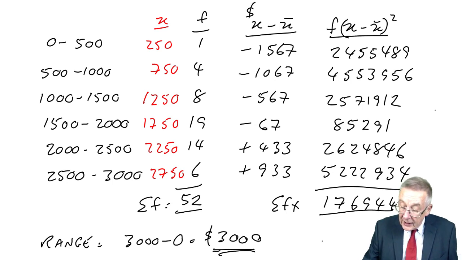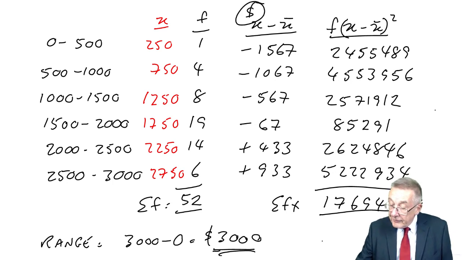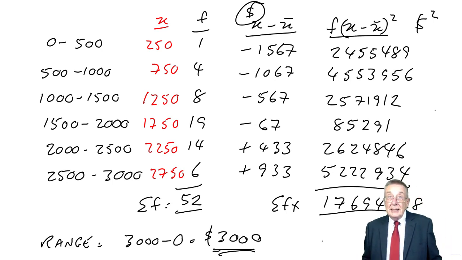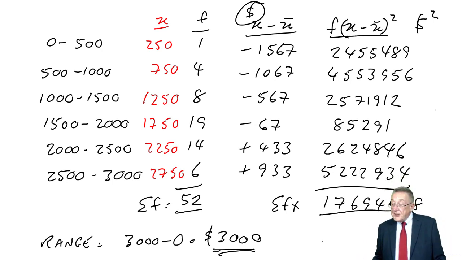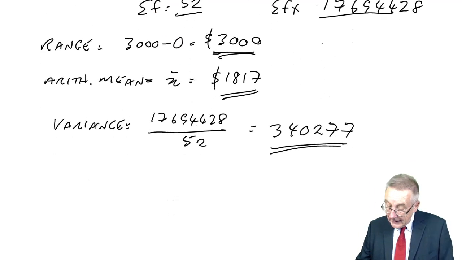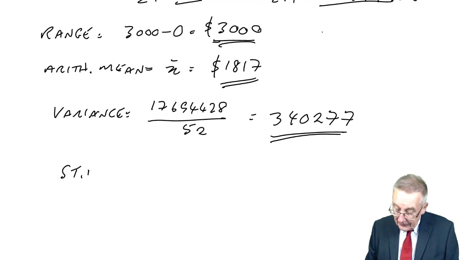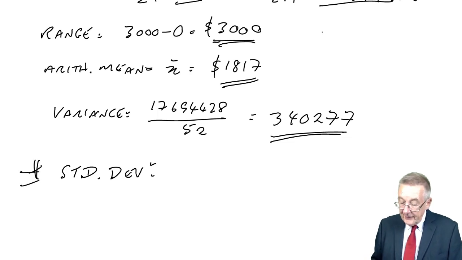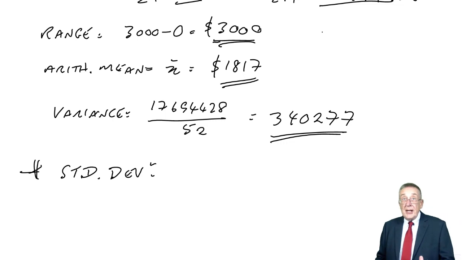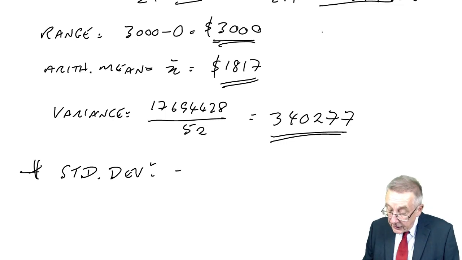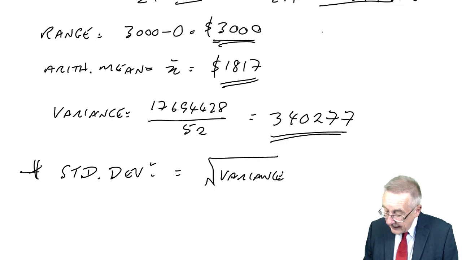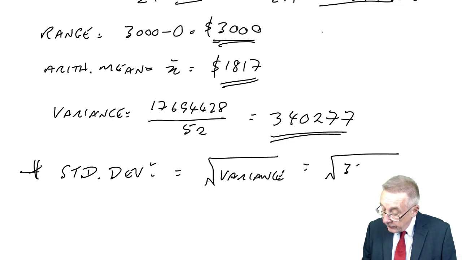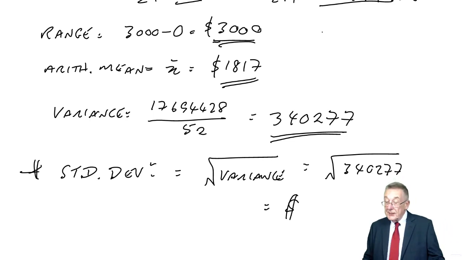The differences were all in dollars, but we've now got dollars squared. And so for the standard deviation, which, as stressed before, is the important one, to get back to the same units, to get back to dollars, we take the square root of the variance, the square root of 340277, and we are back to dollars.